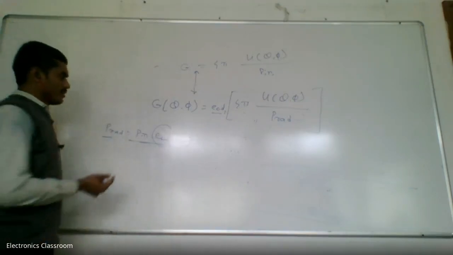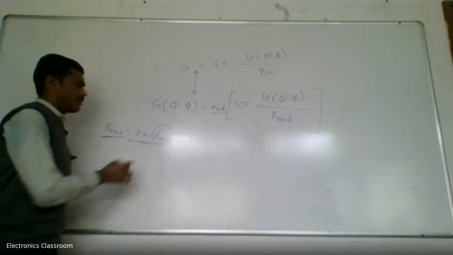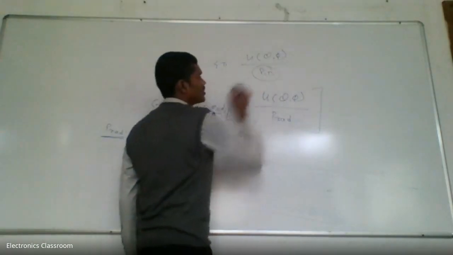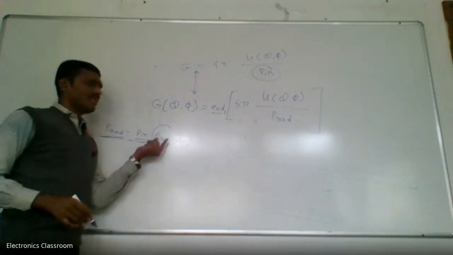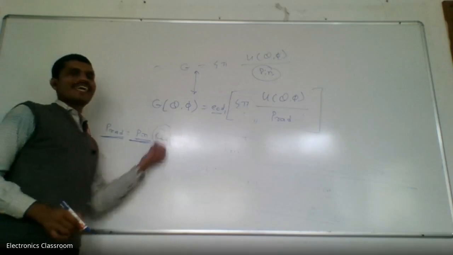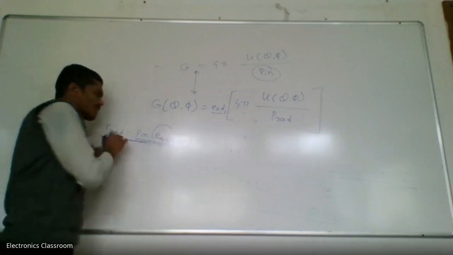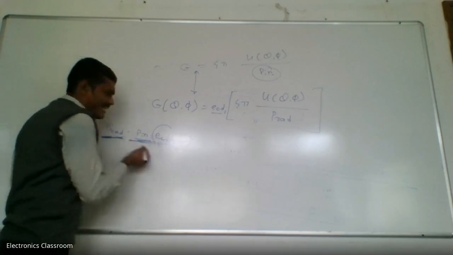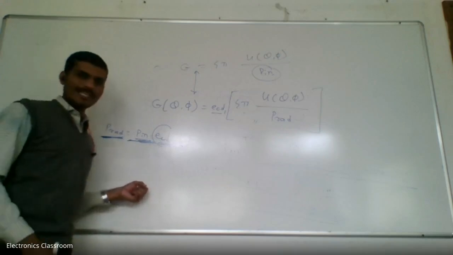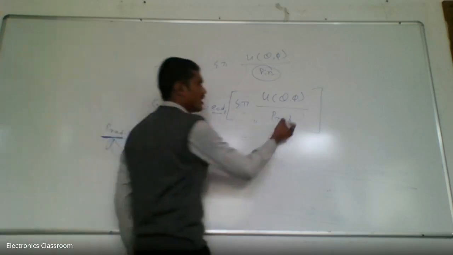When we take mismatch into account, instead of P in, we write P radian in the denominator.